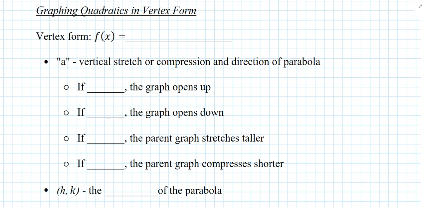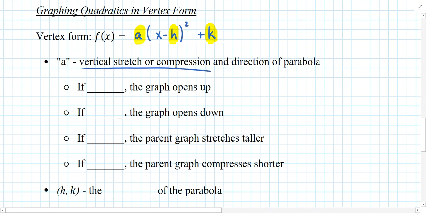You should notice that the vertex form of a quadratic has 3 numbers that are used to transform the parent function. The numbers are in the position a, h, and k. The a value, which is the same as the a value in standard form, identifies the vertical stretch or compression of the parabola. It also determines whether the parabola opens upward or downward.